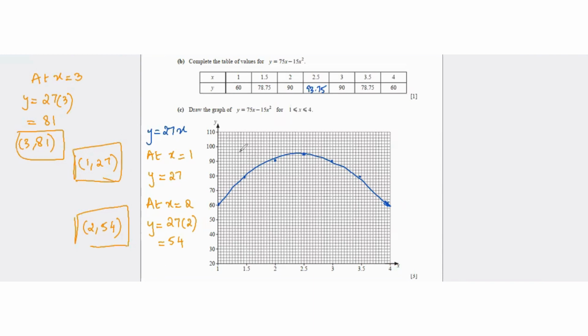So I'm going to plot 1 and 27, which will be over here. Then 2 and 54 is over here. And then 3 and 81.